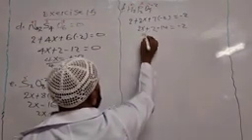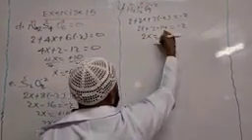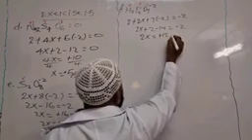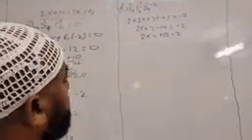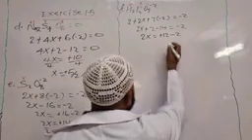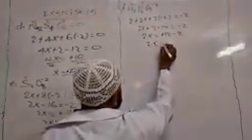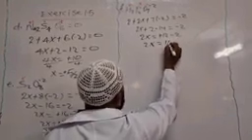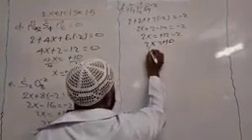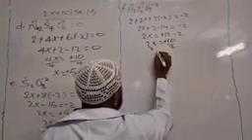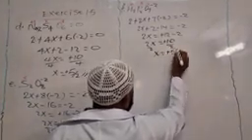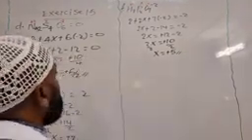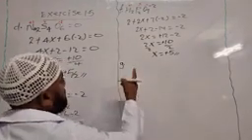Therefore, 2x minus 12 is equal to -2, so -12 becomes +12 on the other side, and -2 plus 12 gives 10. So 2x is equal to 10. To find the value of x, divide 10 by 2, which means +5. This is the oxidation state of phosphorus in this radical.